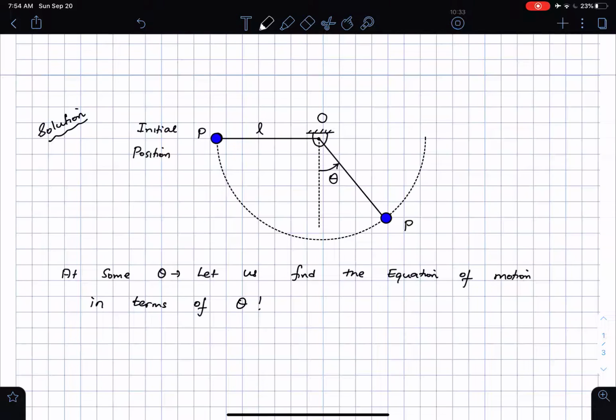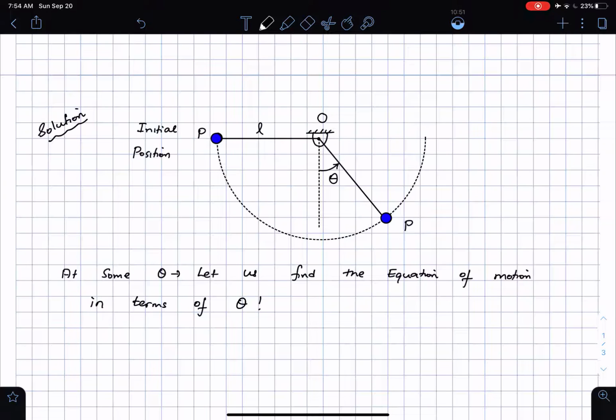Which means that when I do these things, I'm going to set up some coordinate frames. So what are my coordinate frames here? I can set up a fixed observer at the point O. So this is a fixed point O, and starting from it, I can look at the particle P at some arbitrary theta.